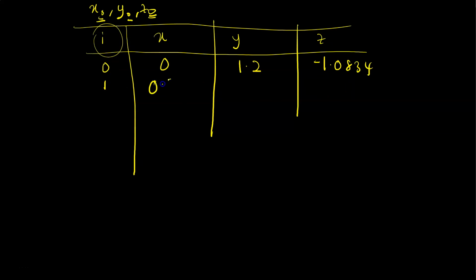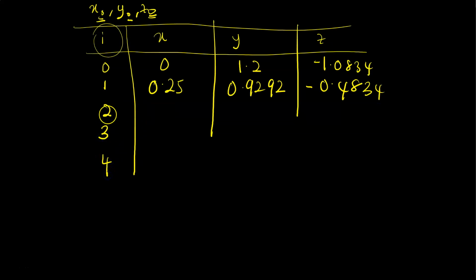So x1 is 0.25, here 0.9292, and then the last one negative 0.4834. Then 2, 3, and 4. So i equal to 2, you write here x2 0.5. i equal to 3, you write x3 0.75. And then the last one 1.0.